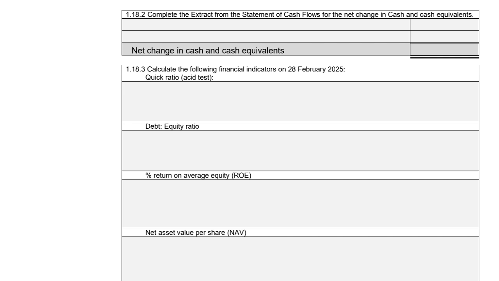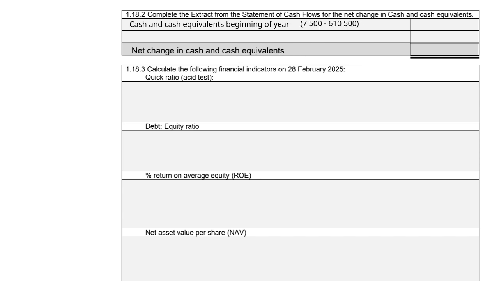1.18.2. Complete the extract from the statement of cash flows for the net change in cash and cash equivalents. So we start with our cash and cash equivalents at the beginning of the year. And if we go to information C, in 2024 it was 7,500, and in 2025 it was 205,000. So our cash and cash equivalents at the beginning of the year, we have a positive balance of 7,500, as well as a bank overdraft of 610,500.